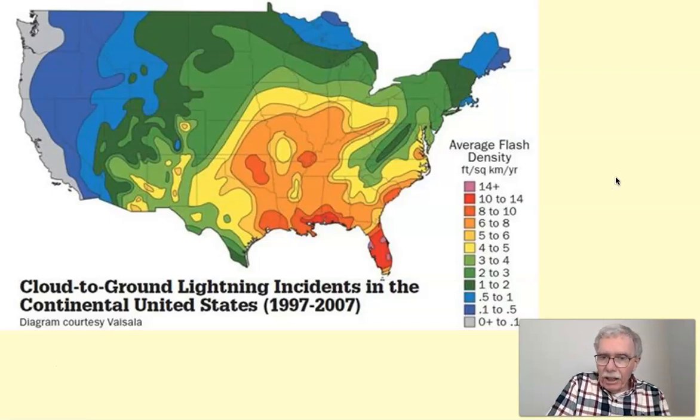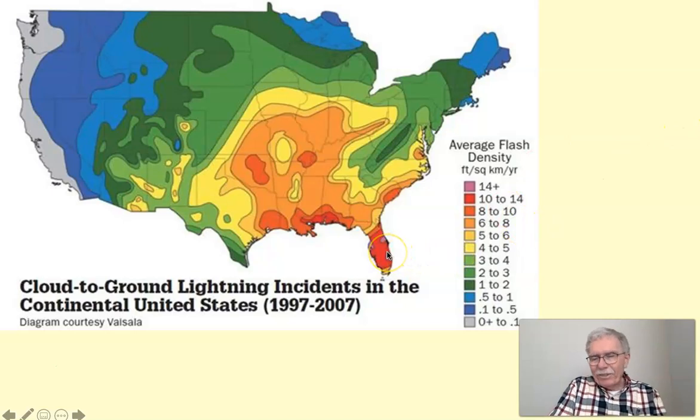So, if you hate lightning, you're not going to like Florida. There is more lightning in Florida than anywhere else in the United States. You can see along the Gulf Coast also, and there's a little bit around the Tidewater in Virginia.